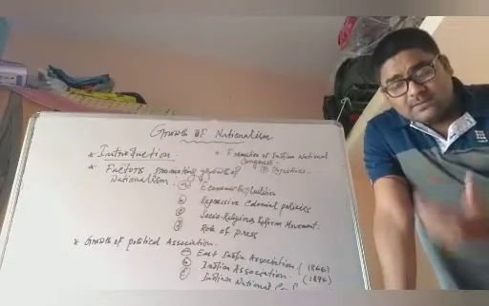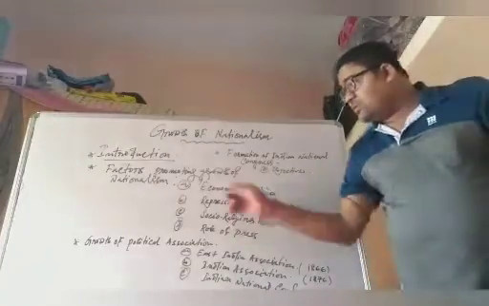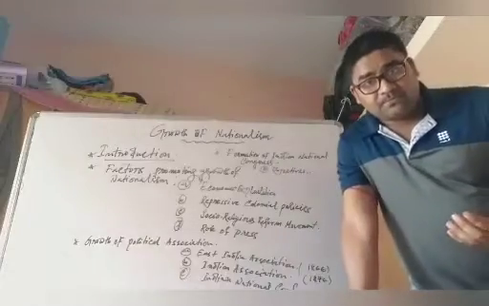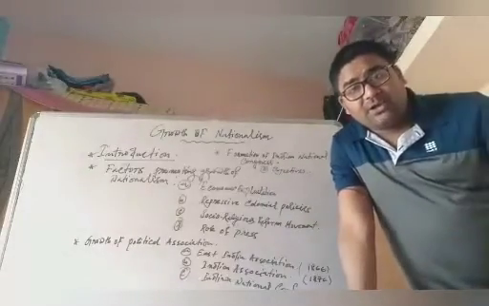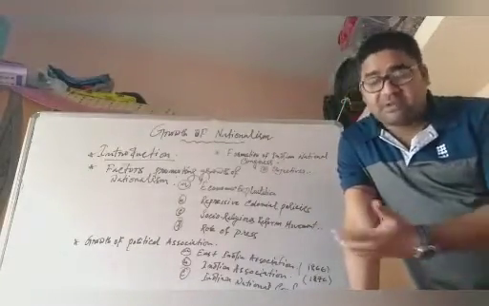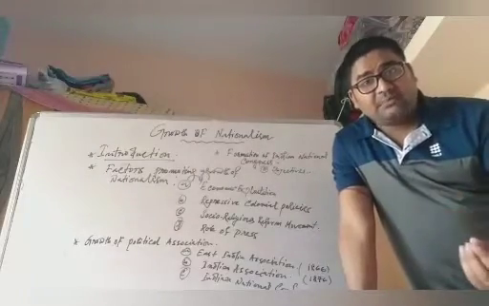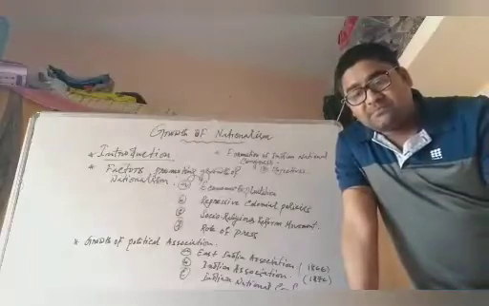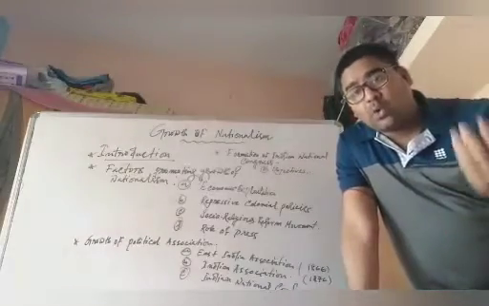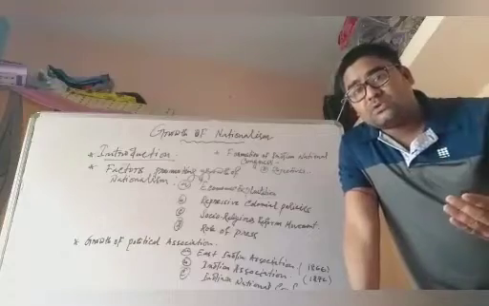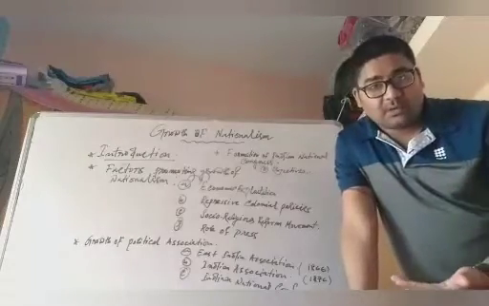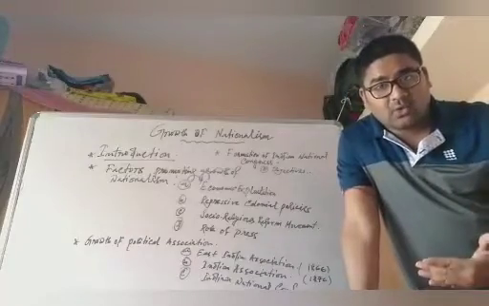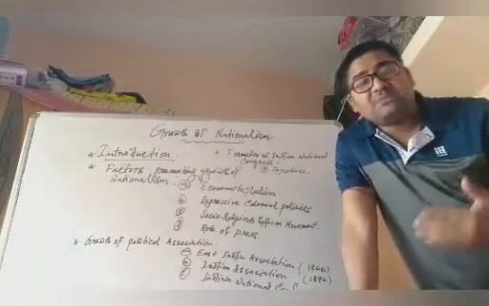Why am I telling this? Because one thing I forgot to tell you in the introduction: before the arrival of the British, India was fragmented, and different parts of the country were ruled by different rulers. People had faith or loyalty to their own ruler, and they also hated people of other regions. But when the British came, they brought the whole of India under the same rule, and the people came closer.